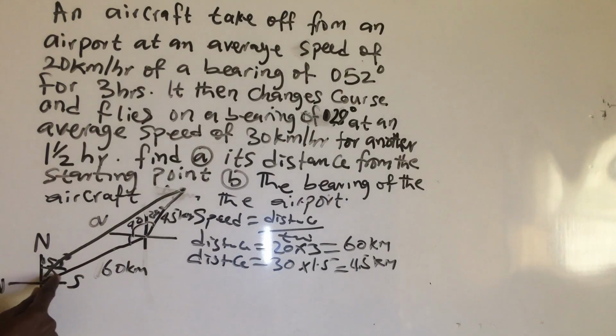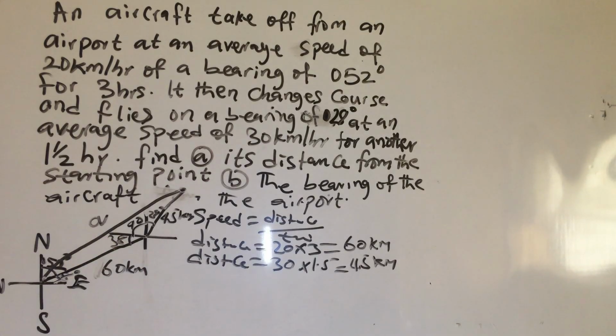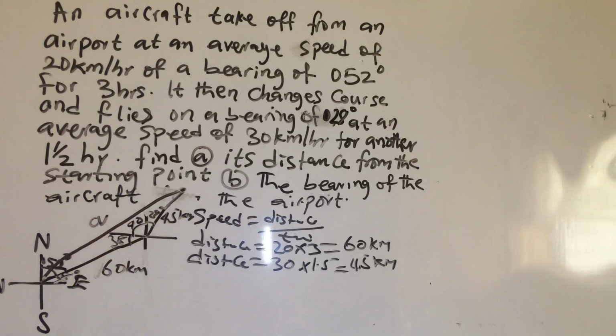From alternate angles, here will be equal to here. But remember that from north to east is 90 degrees. So when you subtract 52, that is already there, it will remain 38. So here is 38 degrees. Therefore, here will also be 38 degrees. When you sum up all these values, what would you have there?